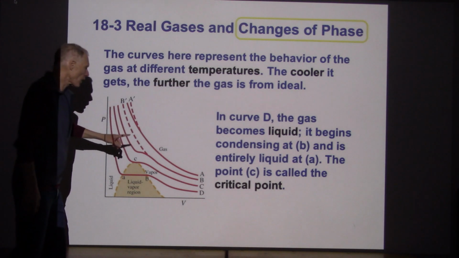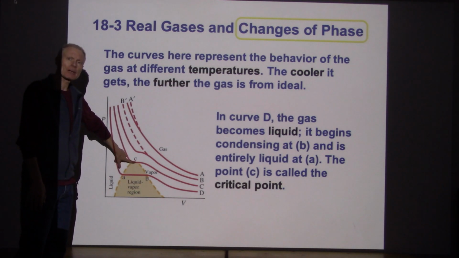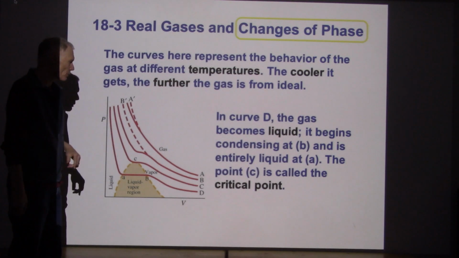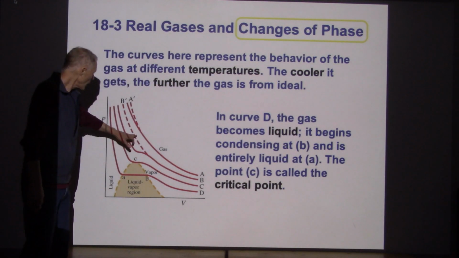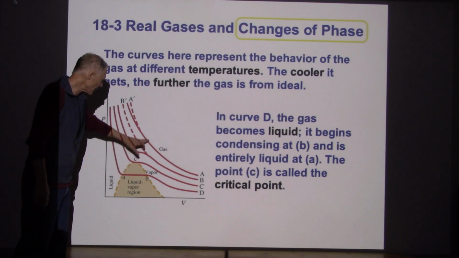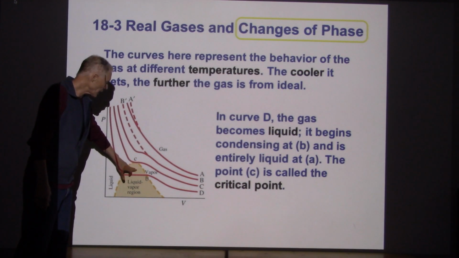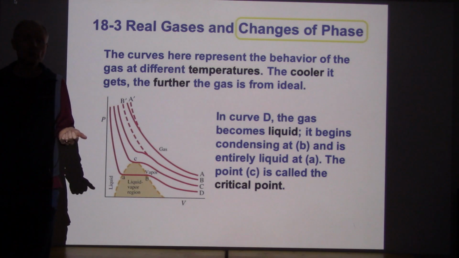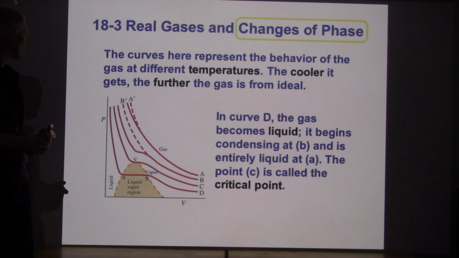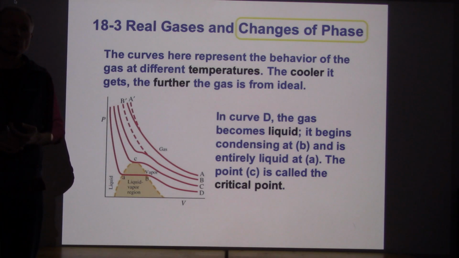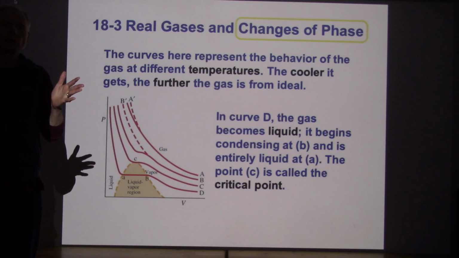Now, once we drop below what's called the critical point, or the critical temperature, what they're referring to as point C here, we now have the possibility that the gas could become liquid. So above a certain temperature, there's no phase change between liquids and gases. Liquids and gases don't separate into distinct phases.